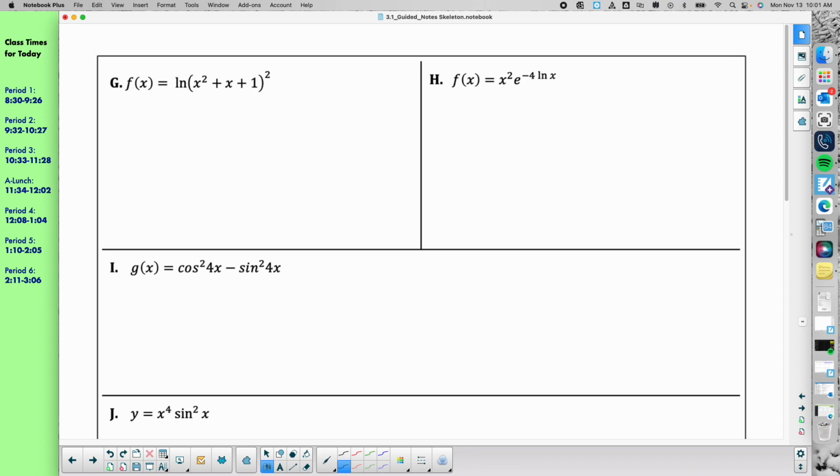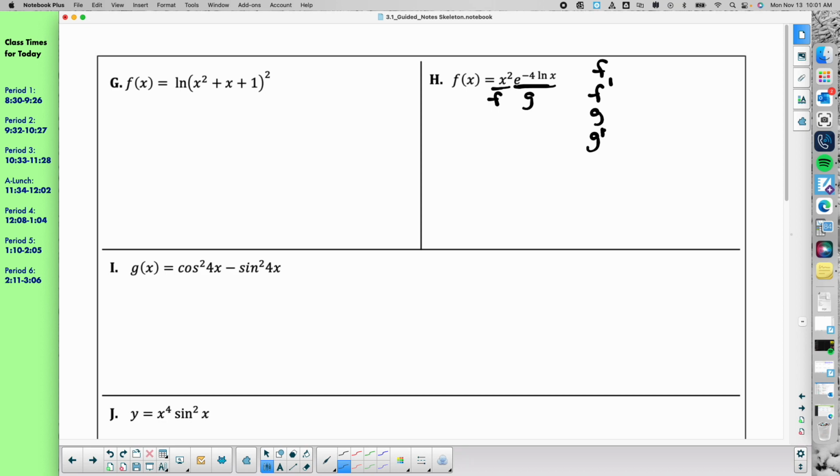So when I'm looking at this problem, I want 100% focus on the fact that I have two separate problems written next to each other, which means they're multiplied. So this is my F, this is my G. Off on the side, you probably want to set up F, F prime, G, G prime.